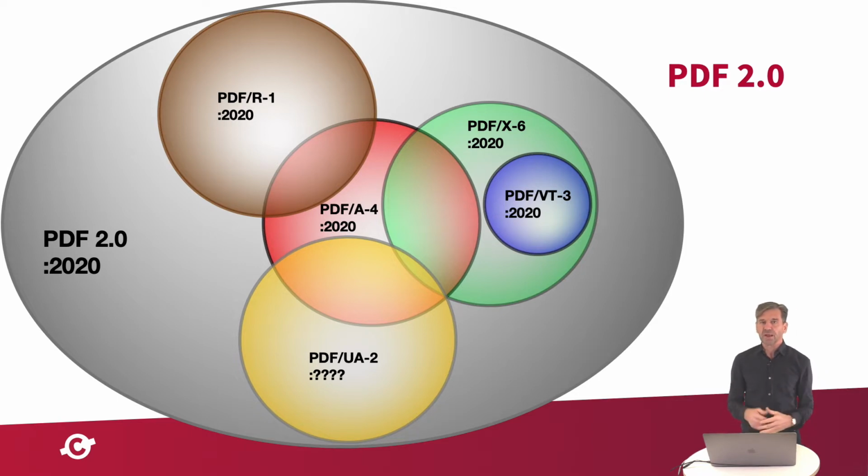So wherever at least that makes sense. And that makes it for us, for me as a developer, much easier to write something that allows you to convert to more than just one standard at the same time. Yeah, and then there is PDF VT3, which is based on PDF X6. So every PDF VT3 file has to be a valid PDF X6 file.